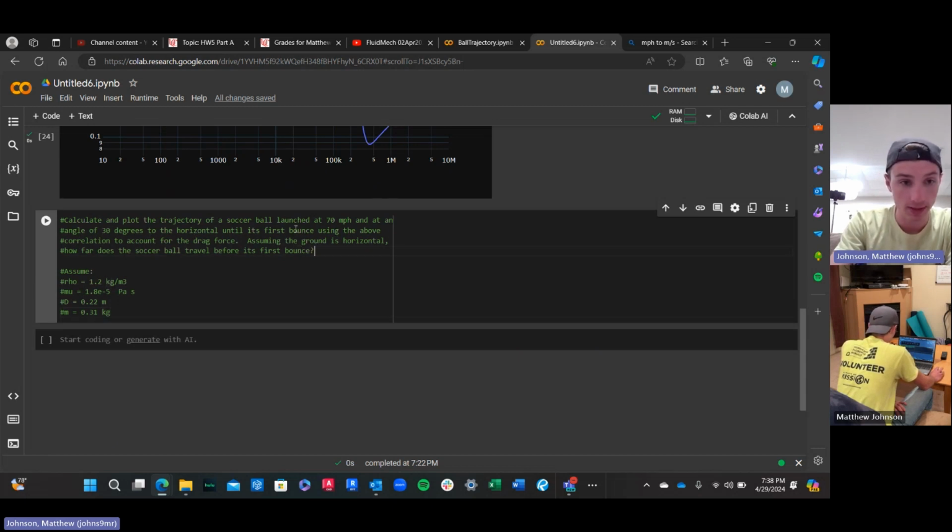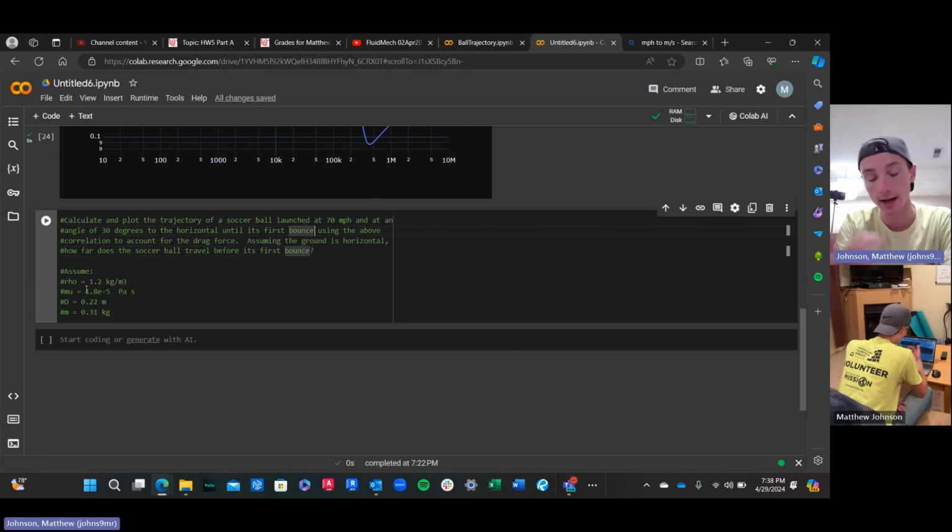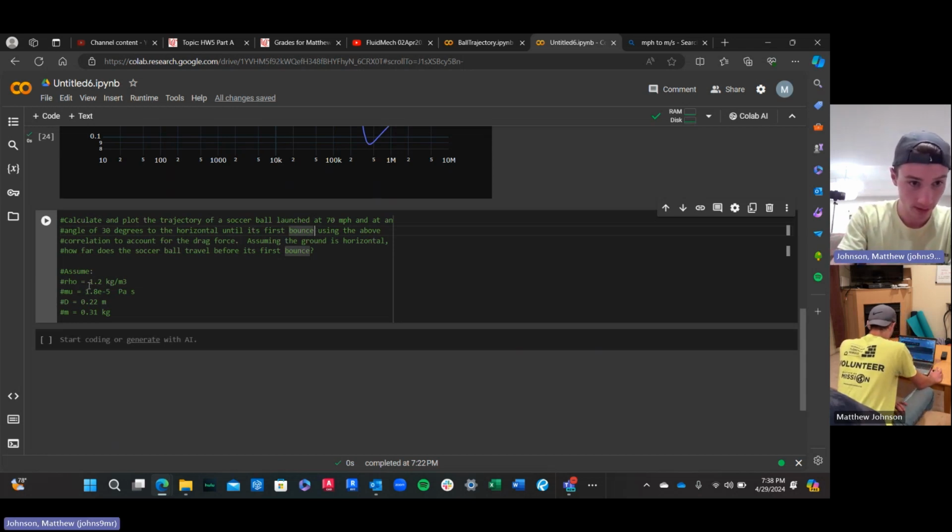Okay, so we've got a few things to do here. Some things I've added in here already just for us. Obviously, the fluid we're kicking the ball through is air in our scenario. And that being said, the values for density and viscosity of air are as follows.